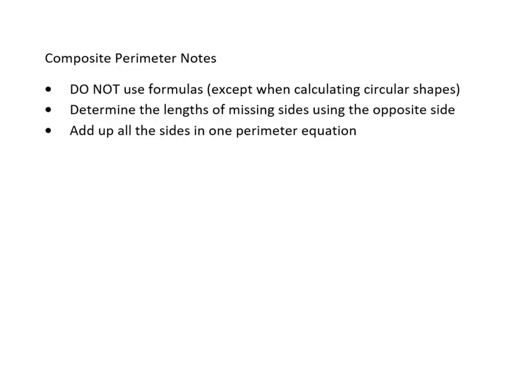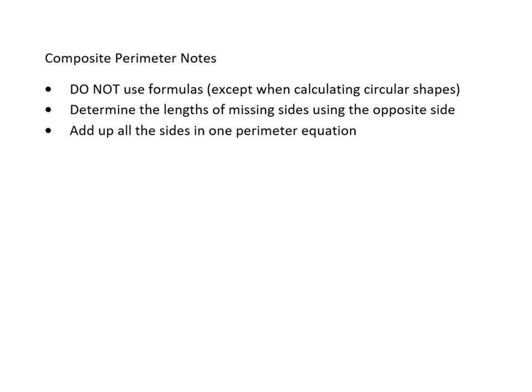So some important notes to have gotten from this video. Do not use formulas when doing composite perimeter except when calculating circular shapes. So you can see when we did the semicircle, we used the formula for the semicircle divided by 2. We can use that shape formula. We shouldn't be using P equals 2 times length plus width for the rectangle, because if you do that, you'll end up calculating an interior shape.